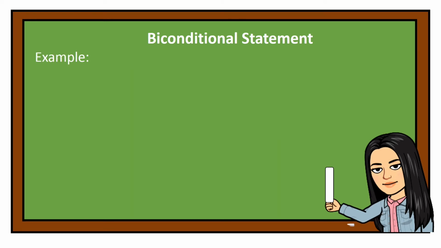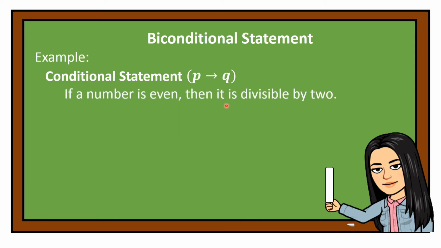To better understand the biconditional statement, let us give an example. From our conditional statement, in the form if P, then Q, or P implies Q, our given statement is, if a number is even, then it is divisible by 2. If we analyze it, we can say that our statement is true.